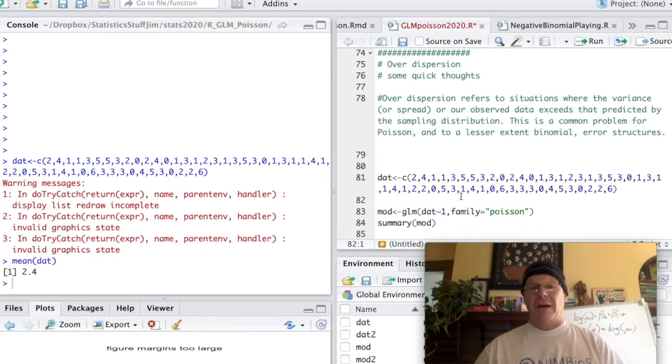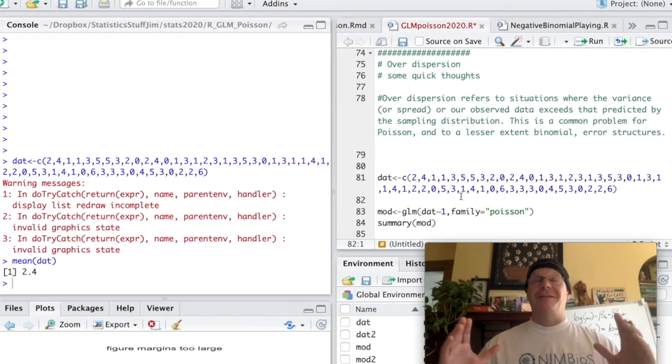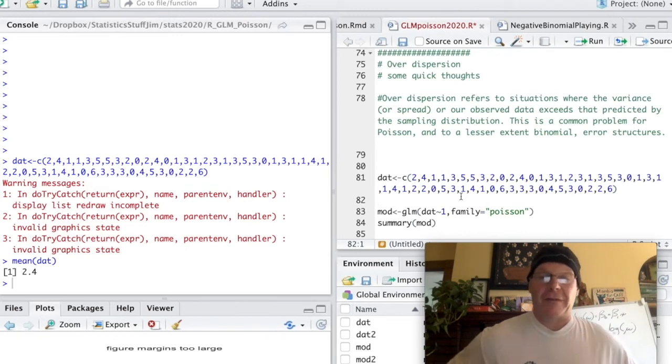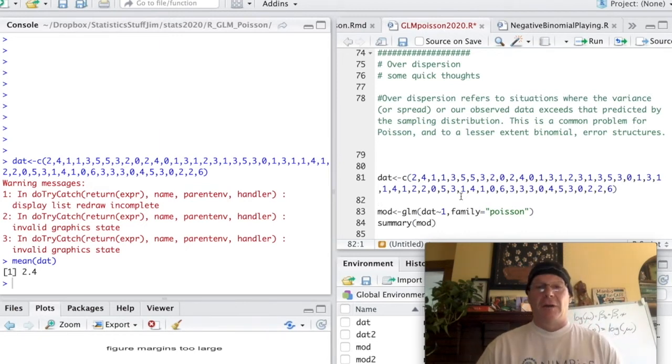And if our data are over-dispersed, that means that we have more variation than the distribution is actually predicting, which means that when we're doing our hypothesis testing, we are deflating the amount of uncertainty around our point estimate, which is going to increase our type 1 error rate, and it's basically just bad form because we're going to be making one assumption about a certain variance, and it actually could be larger.